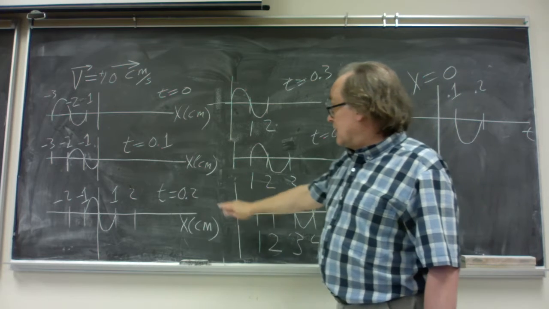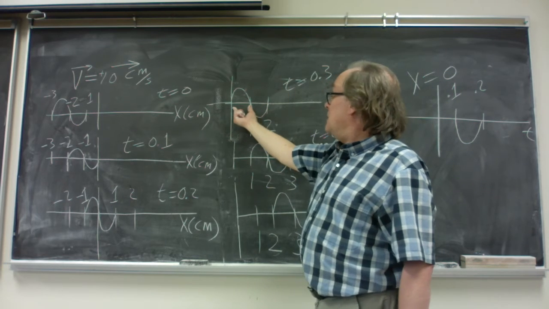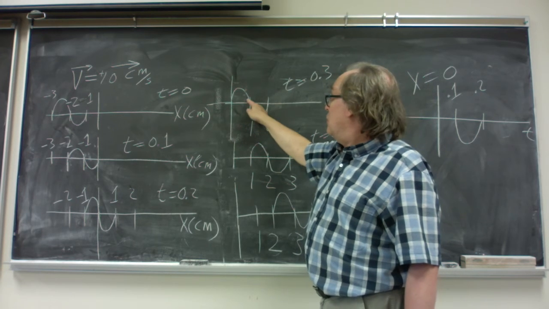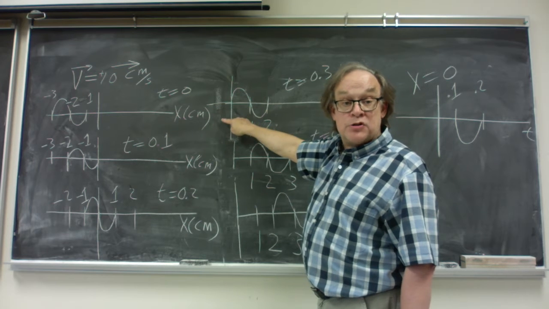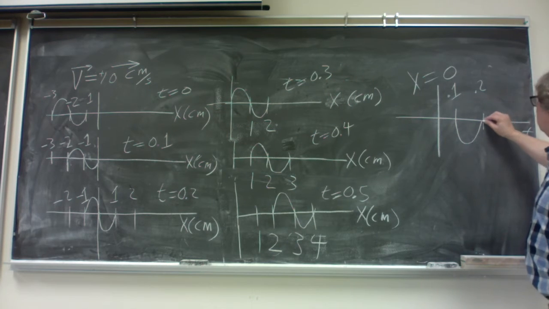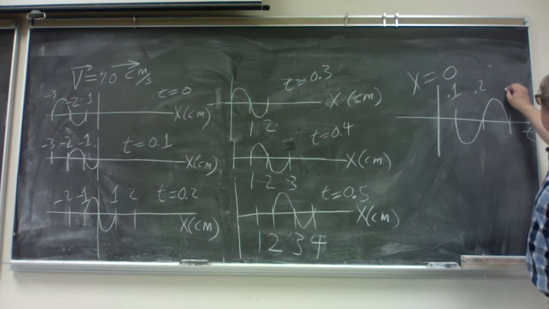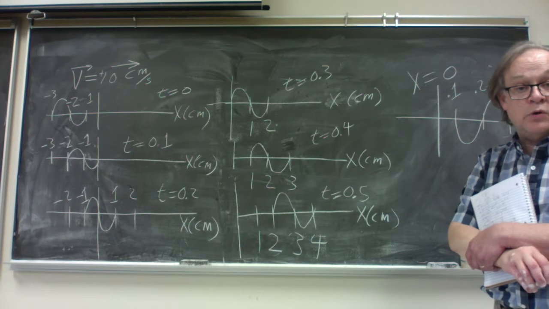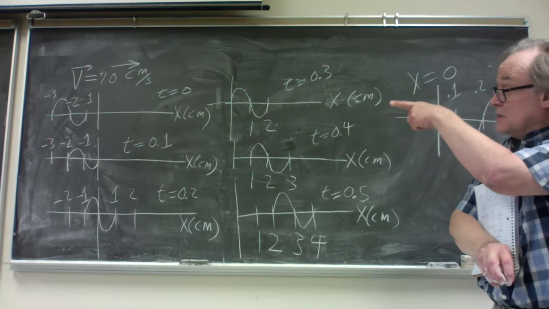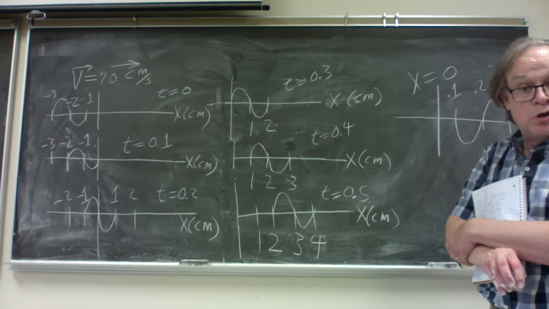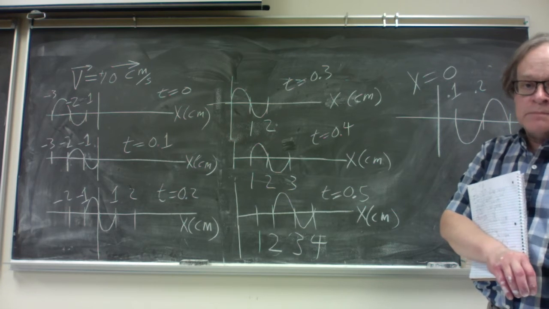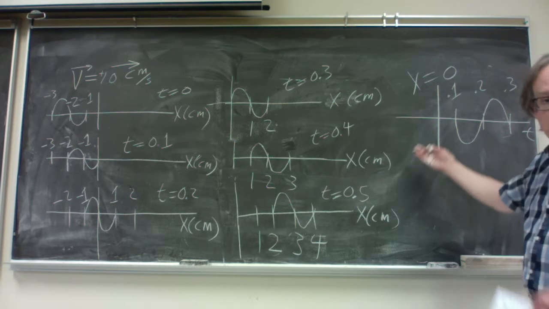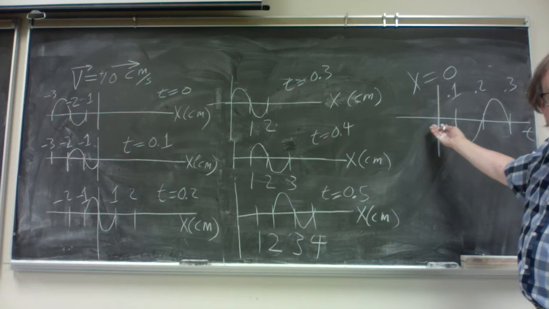And during that 1/10 of a second, this piece of the pulse has been passing through x equals 0, and what does it do to the mass at x equals 0? First pulls it up, and then pulls it back down to equilibrium. So that's the behavior of any little bit of mass that sees that pulse passing by. And of course, any other point on the string will experience exactly the same kind of things.